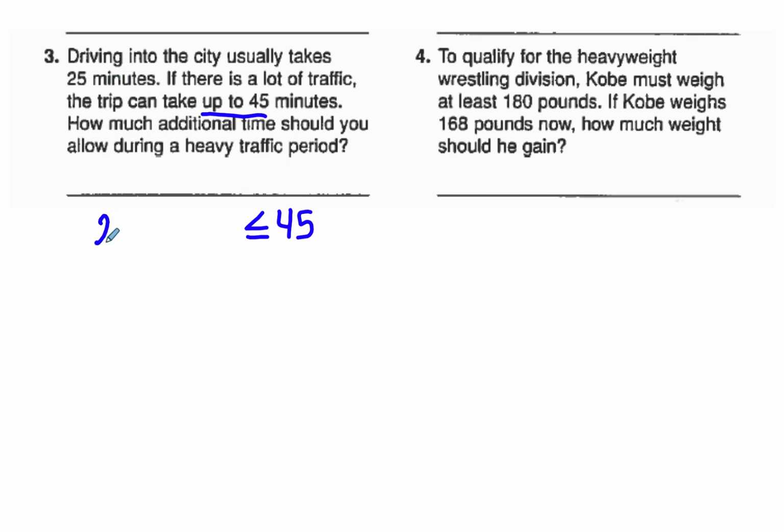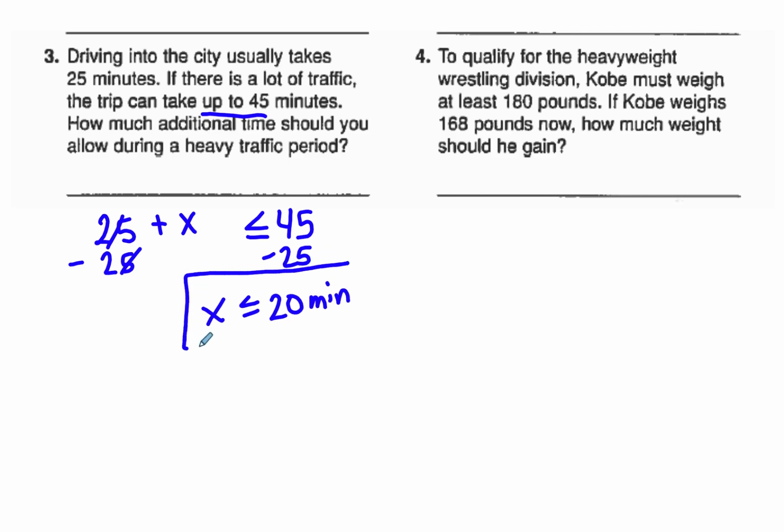Normally it's 25. Some amount more time, and then less than or equal to 45. We've got a plus 25, so we're going to subtract 25. We have x is less than or equal to 20 minutes. Don't forget about those labels.